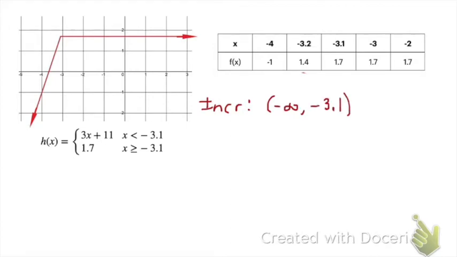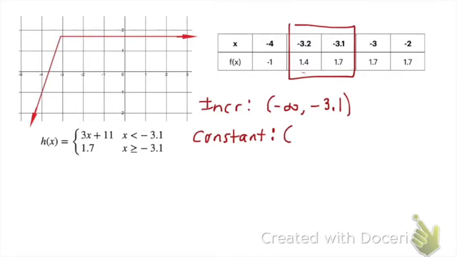And this table is showing me this. With these two numbers here, I am showing you that I am going up, because at -3.2 we're at 1.4, and at -3.1 we're at 1.7. So I'm showing that we are increasing until we get to -3.1. We are then constant. -3.1 is at 1.7, then -3 is at 1.7, -2 is at 1.7, and so from -3.1 to infinity, we are a constant 1.7.